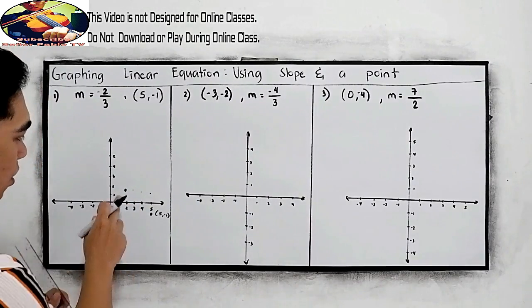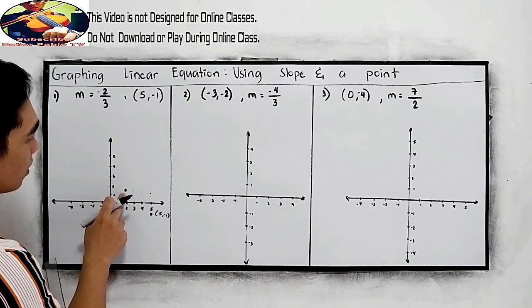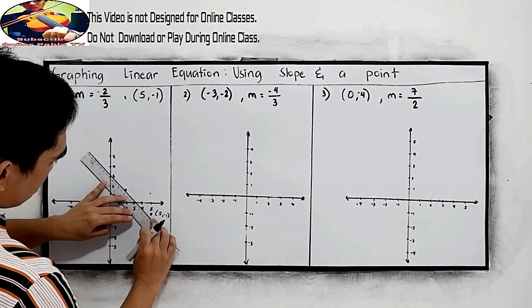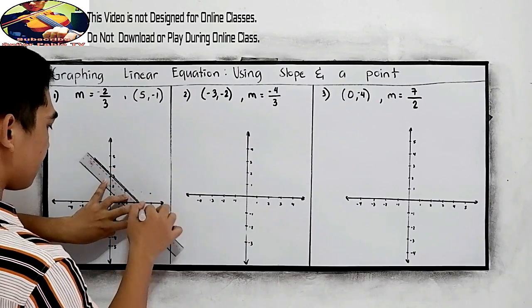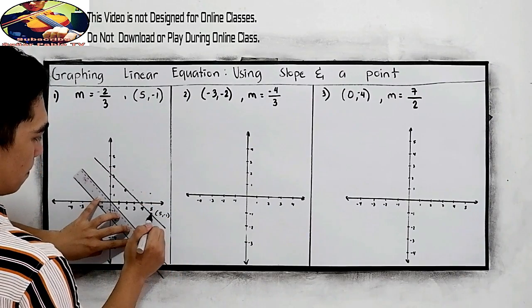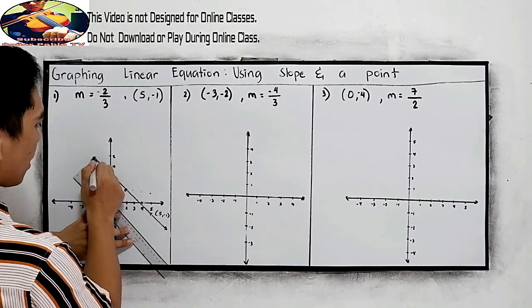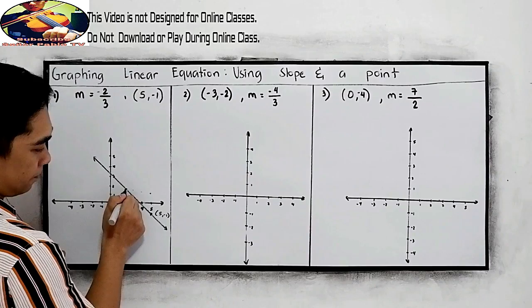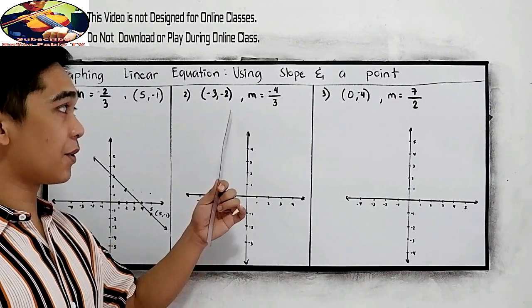Now, since we plotted our point for the slope, let us now connect the 2 points. This will be our graph. Let's have another example, number 2.